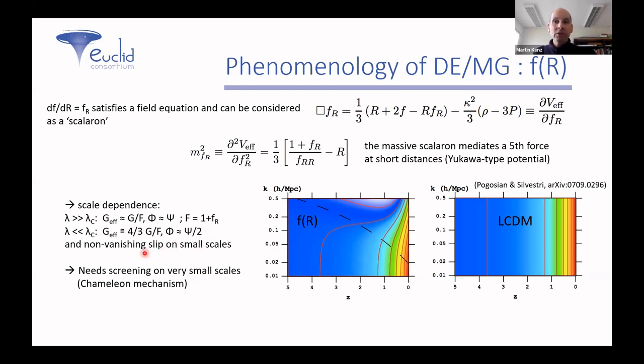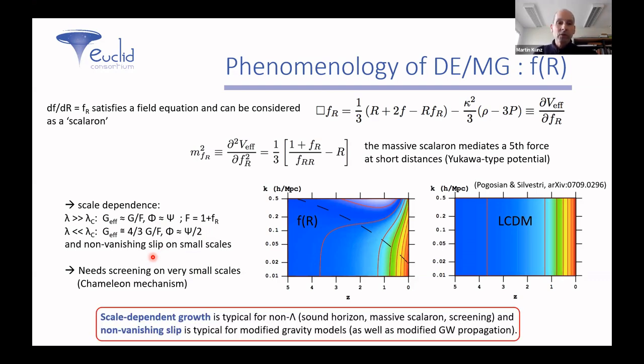And so you also need a screening mechanism. And that means that the whole behavior on nonlinear scales becomes quite complicated. And that is one of the technical problems in trying to deal with all of these models. Okay, but these are the two main signatures, scale-dependent growth and non-vanishing slip, which are the things we are going to look for.